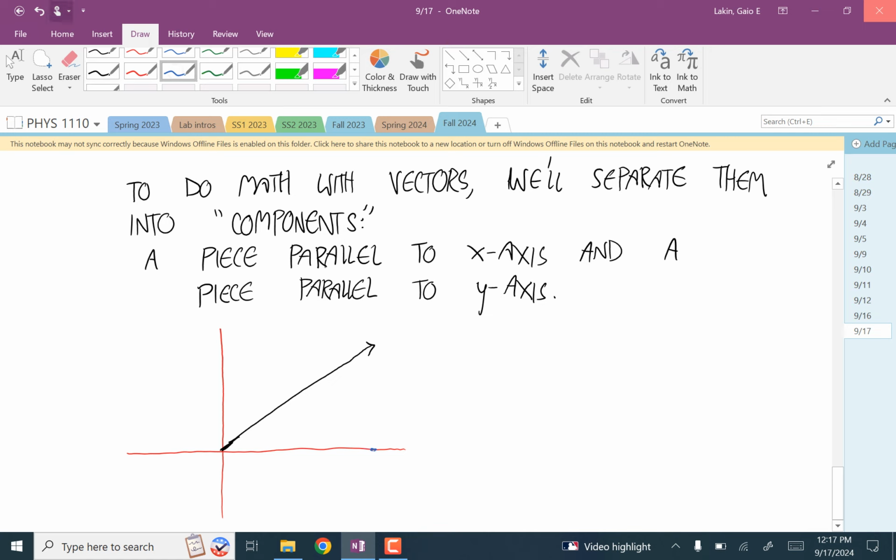the x component is how far you have to go along either the plus or minus x-axis. Okay, so this is the x-axis, this is the y-axis. This is the x component. And this is the y component.